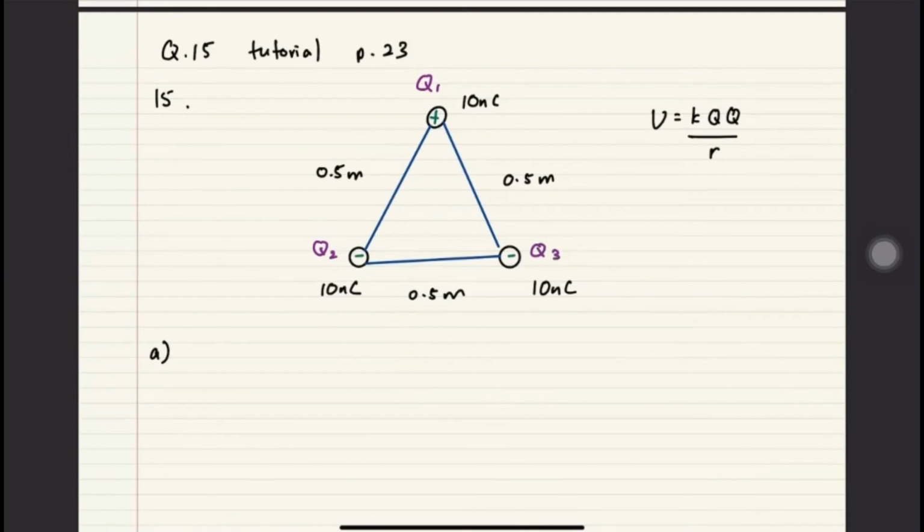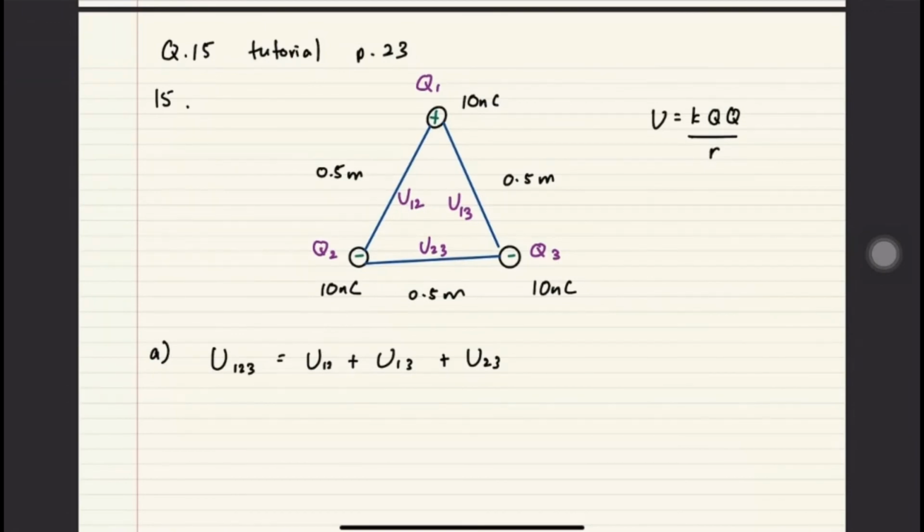Then that means I will have U sebabkan interaction between charge 1 and charge 2, U1 and 3, U2 and 3. Okay, so my U of the system ataupun U total ataupun U123 is equals to U12 plus U13 plus U23. Now it's just a matter of pressing your calculator.